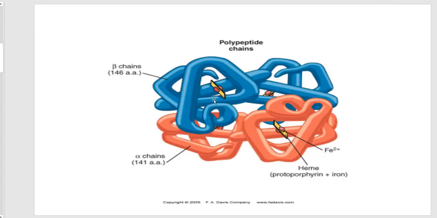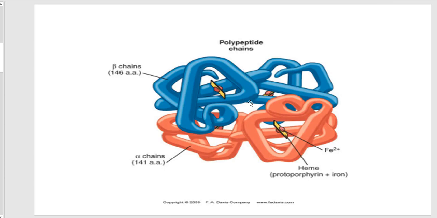So in this figure, again, the quaternary structure of hemoglobin: 4 polypeptide chains in 2 identical dimers. An alpha beta dimer, which is connected by hydrophobic bonds, and another dimer of alpha beta chains, and both dimers are connected here by polar bonds, ionic and hydrogen bonds.